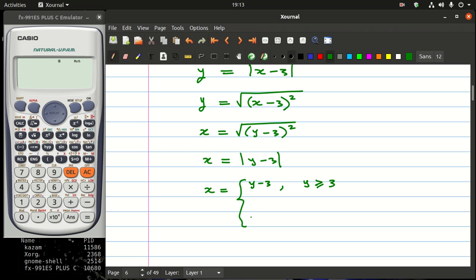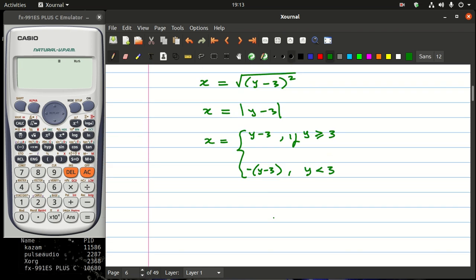And then here, I will have minus (y minus 3) if y minus 3 is less than 0, or y is less than 3. So I have to multiply by a negative here so that I end up getting a positive.